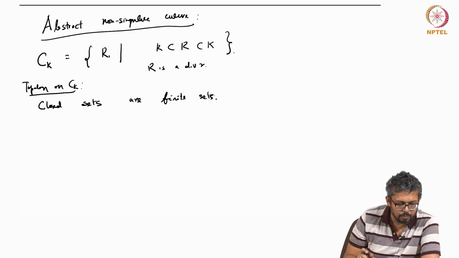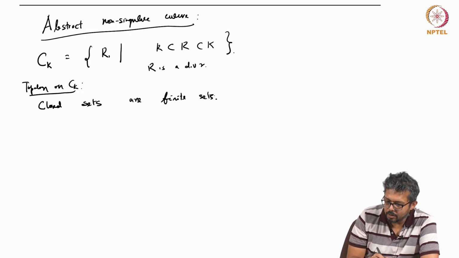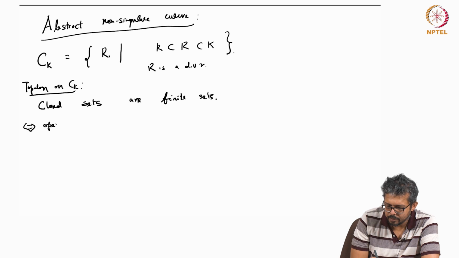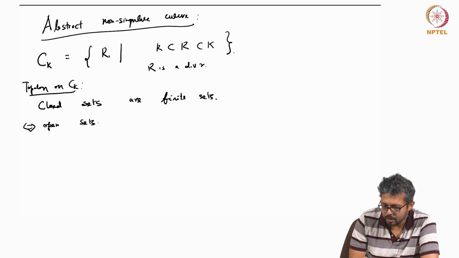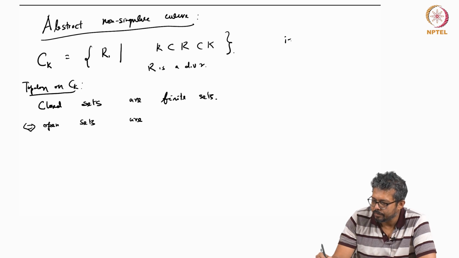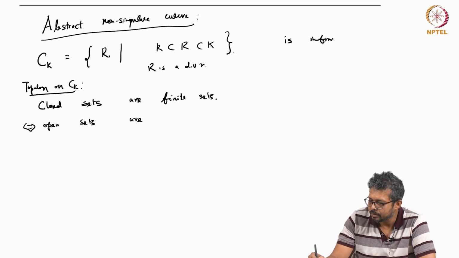Now, once you give a topology, to give an abstract variety structure you need to say what the regular functions are. Closed sets are finite sets, so this is the same as saying that open sets are infinite, because this set of all DVRs is infinite.